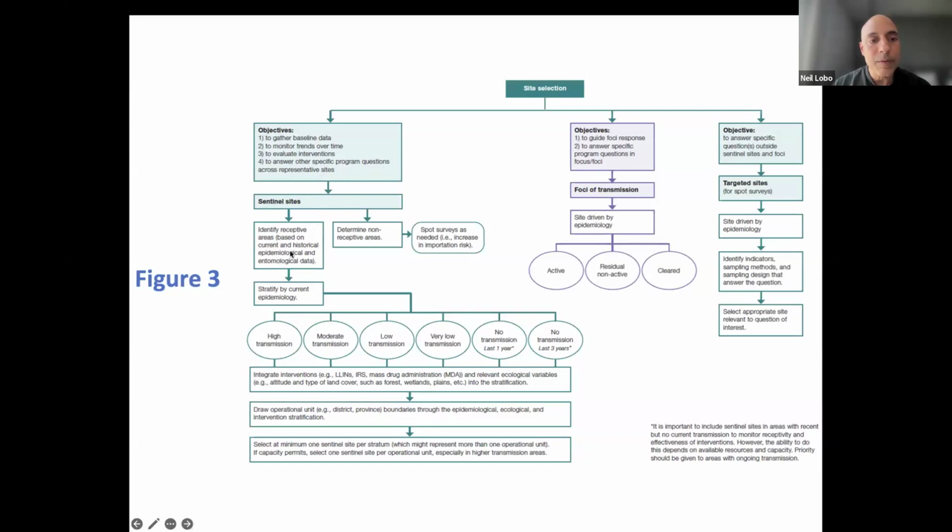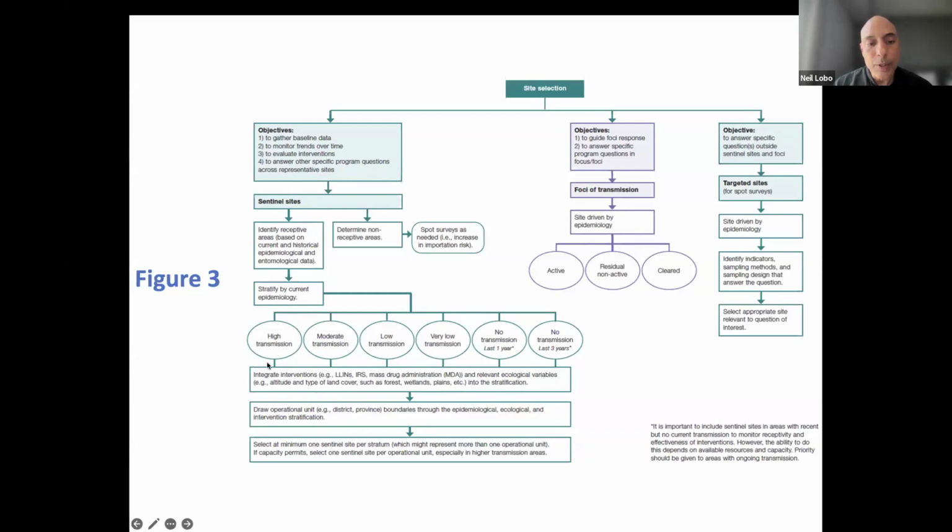If it's receptive, you'd stratify by current epidemiology. And we just had a whole bunch of categories over here, various amounts of transmission. And then you'd integrate your interventions. Does your site have bednets or IRS or, for example, mass drug administration? So what's happening with regards to interventions at that site? Because you want that to be representative of what's happening.